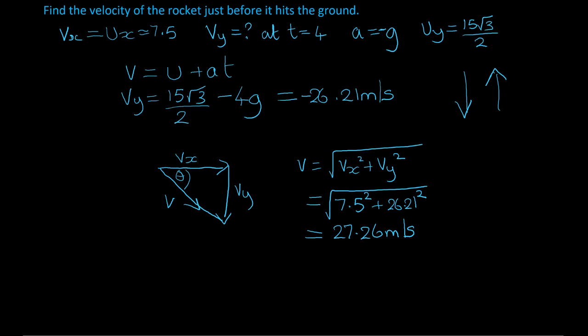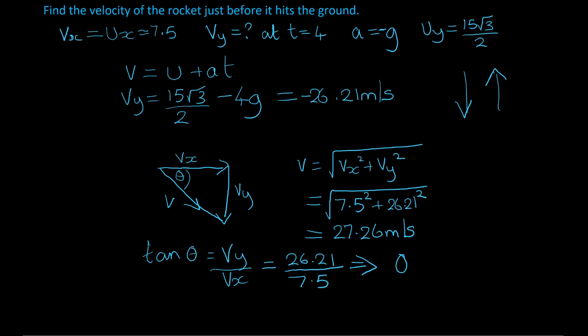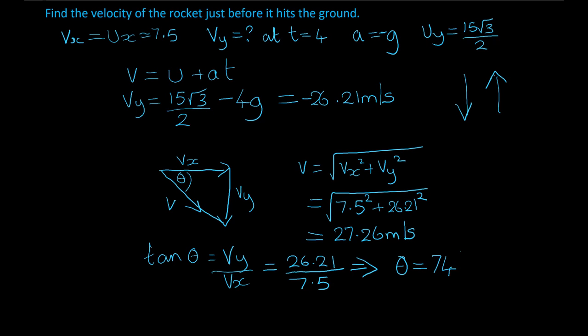Now we need the angle. Tan theta is vy over vx, so that equals 26.21 over 7.5. Using the calculator, theta equals 74 to the nearest whole degree, and that would be described as being below the horizontal.